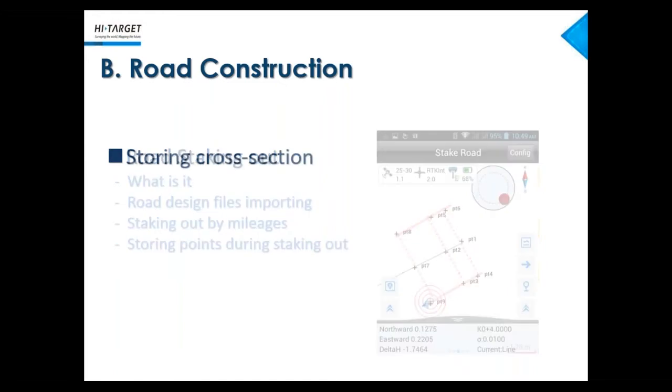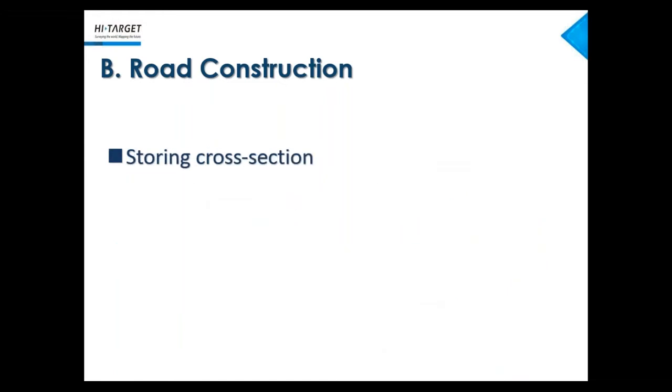So another function is for storing the cross section, because during road construction, no matter whether you dig or fill, after that you need to store the cross section again to check how much net you have to fill, how much net you have to cut. So this function is very useful.